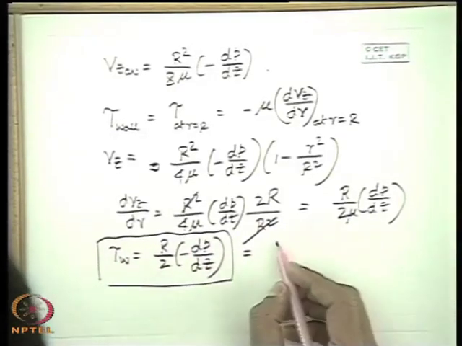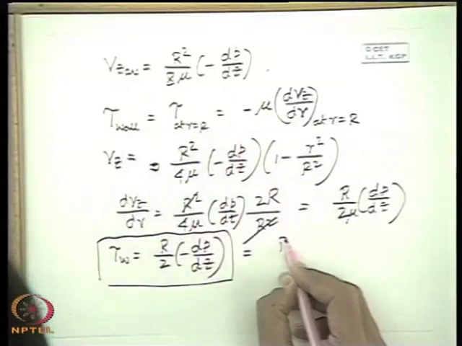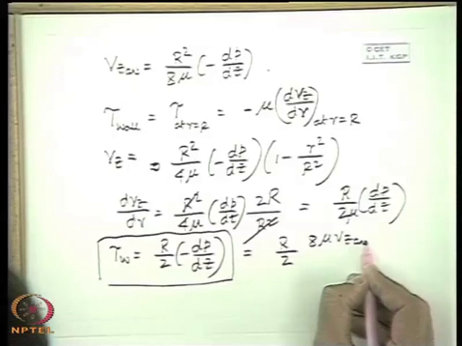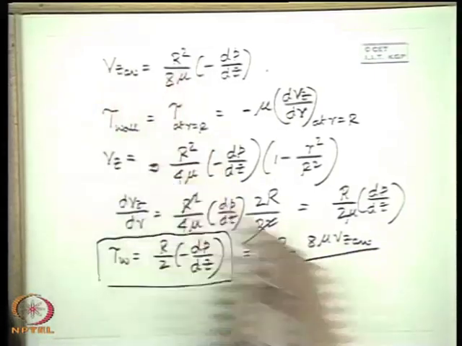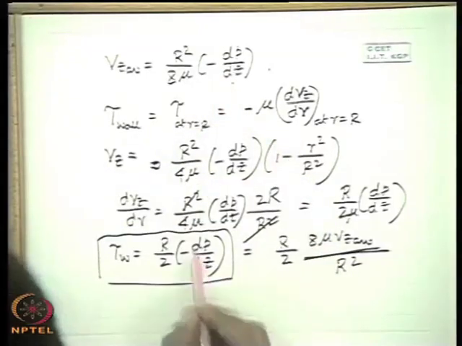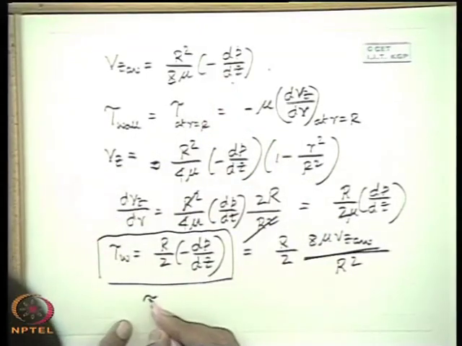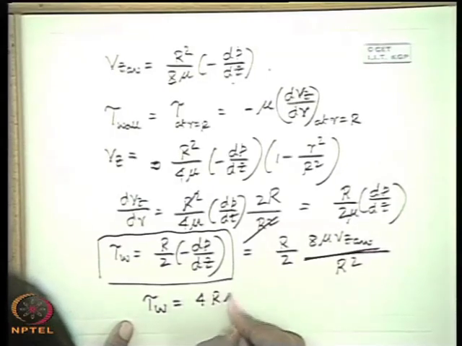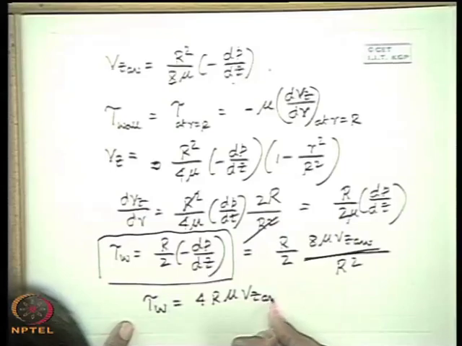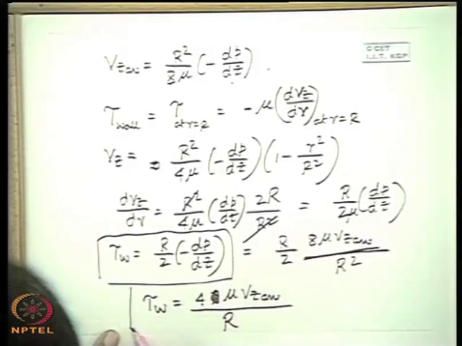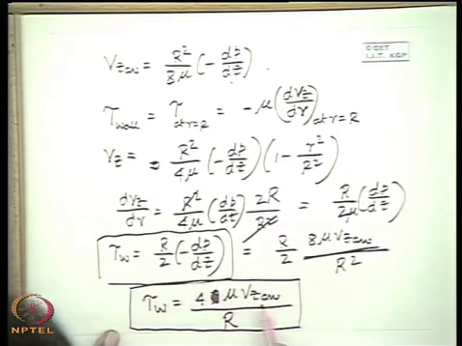Rather, we should make it in terms of the Vz average. That means R by 2 into 8 mu Vz average by R square. You understand? I just substitute dp dz in terms of the Vz average.